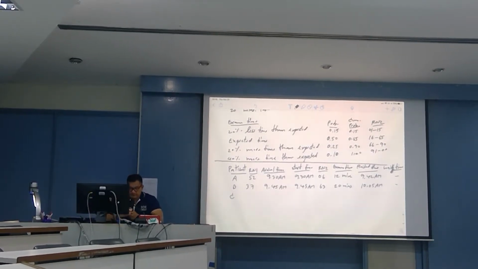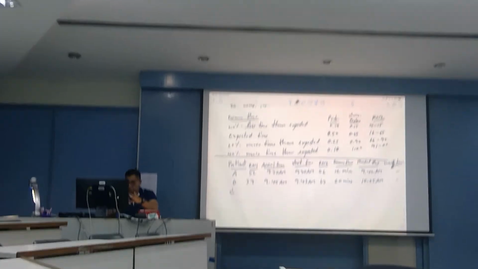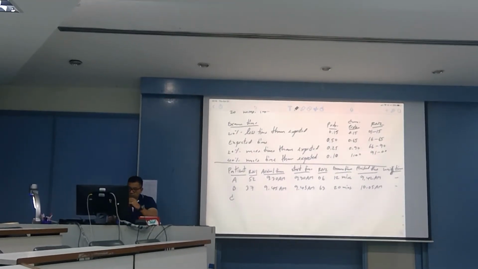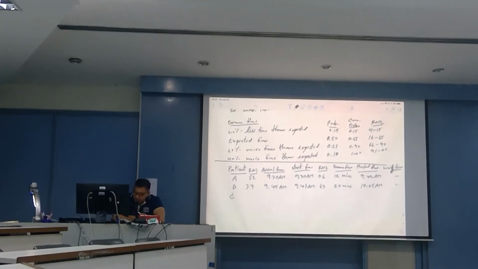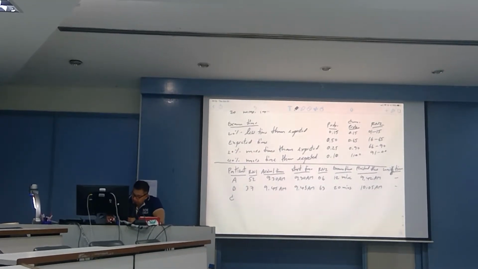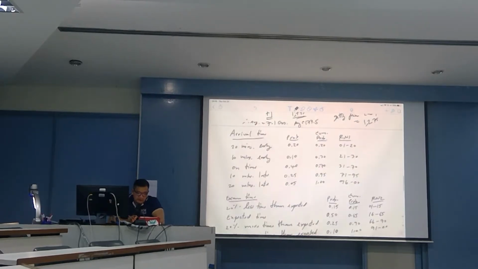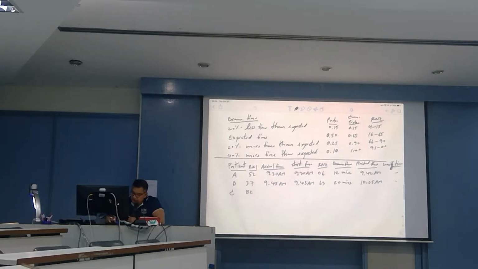The next person is Comfort, right? The random number 1 is 82. 82 is in the range of 71 to 95, so he is 10 minutes late. Comfort has an appointment at 10:15, so it means he comes at 10:25.